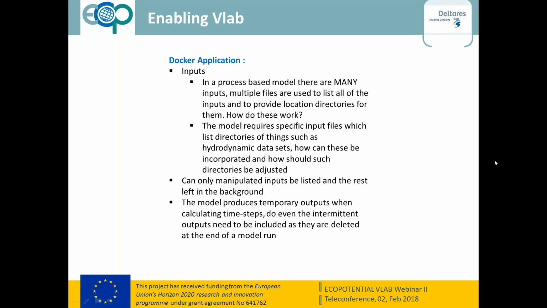And then for the Docker application, this is basically the point that we're at, the Docker application within the VLab. The listing of the inputs, and basically I was going through all the formatting here. One of my major questions was, I'm not sure in other people's models, but in ours, there are many input files.